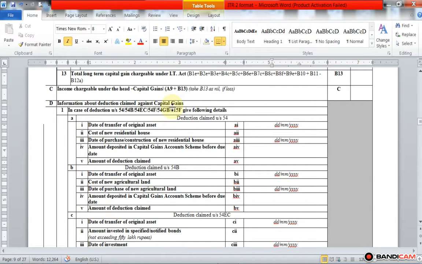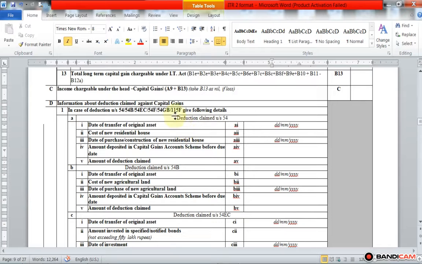So the assessee will get a deduction under section 54B. Then he will furnish the information relating to the deduction under section 54B. Here the assessee will provide the information under section 54B if the assessee gets a deduction under section 54B.